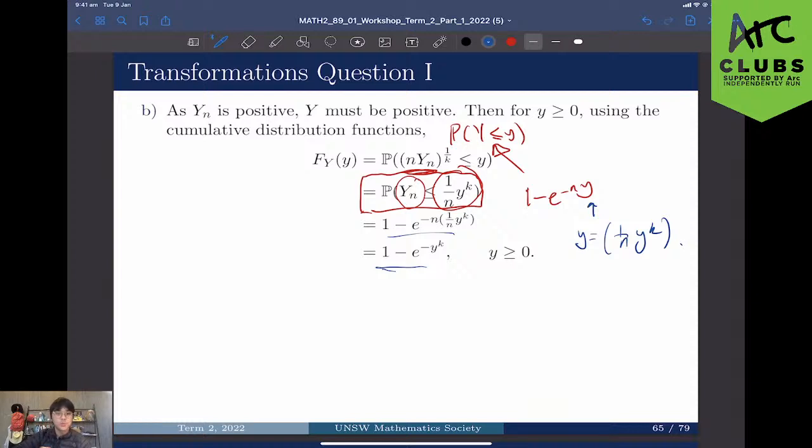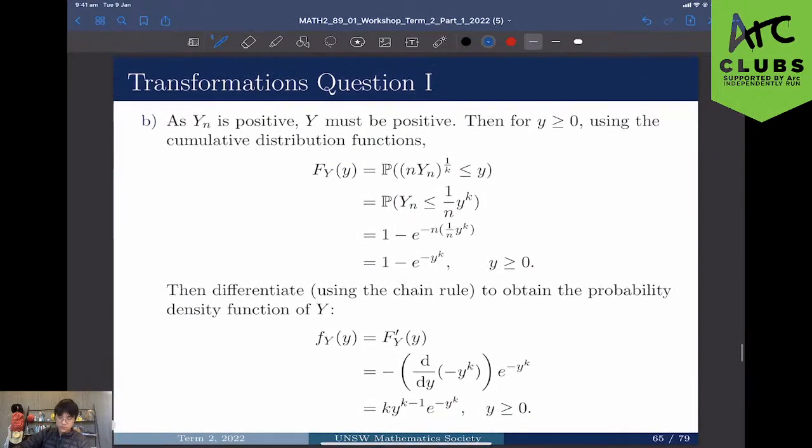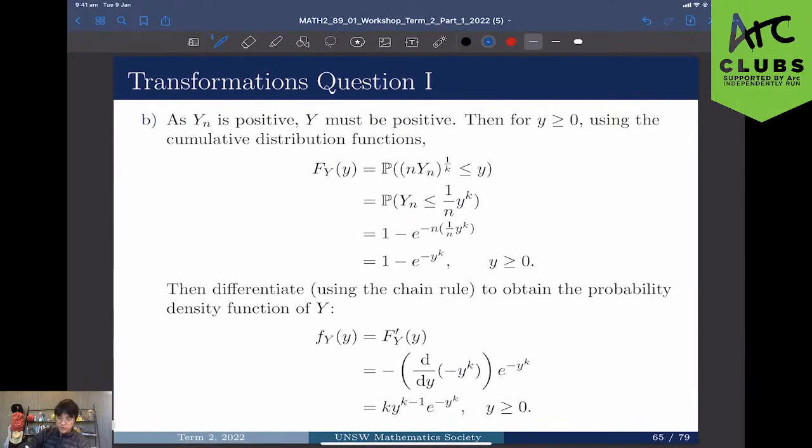And obviously now if we want to find the density function, we just have to differentiate the CDF using the chain rule. So we go ahead and differentiate it, and using the chain rule we end up with k y to the power of k minus 1 e to the power of minus y^k.